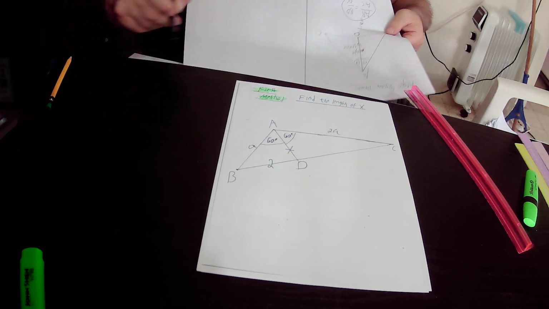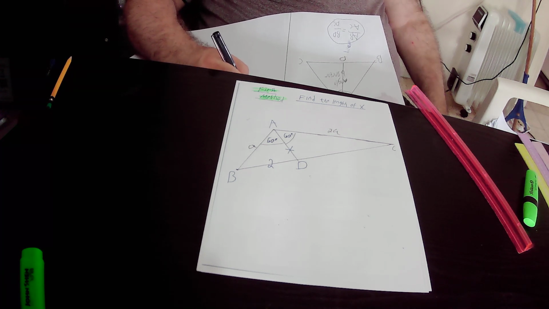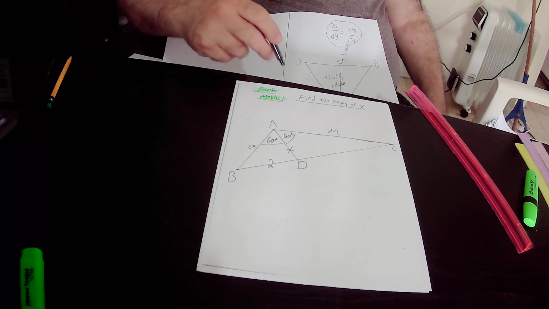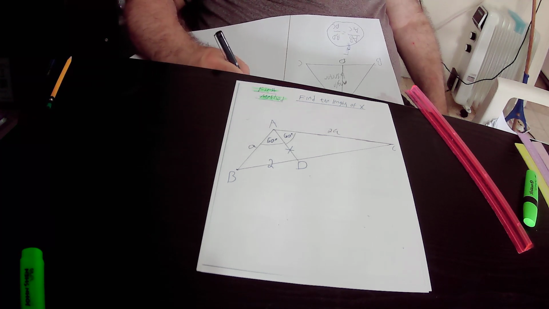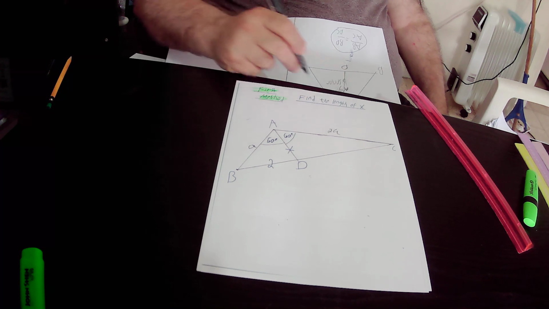According to the angle bisector theorem, we get that here AB over AC equals BD over DC.